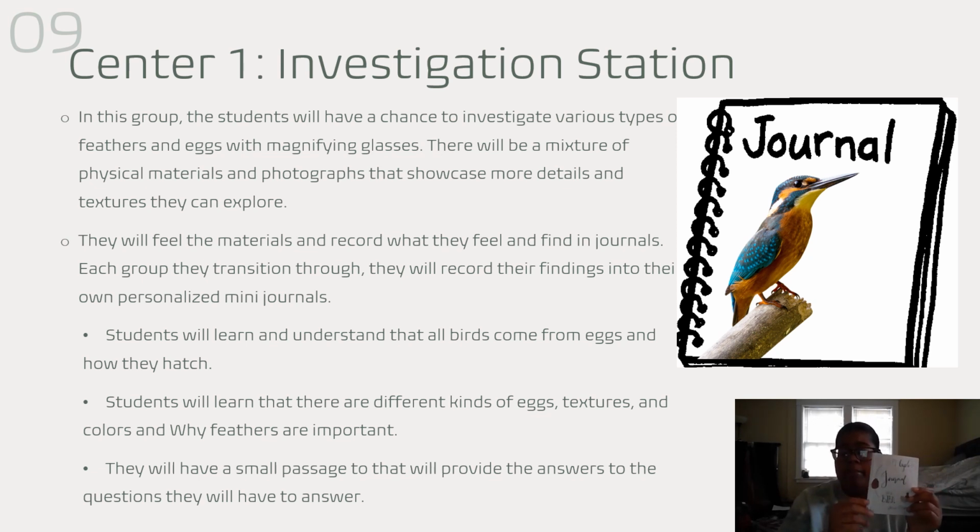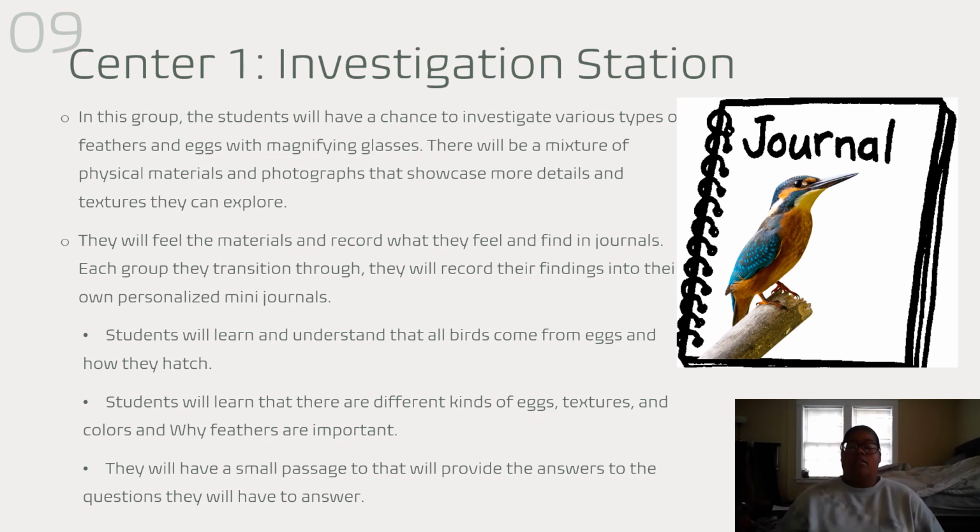You could use cardstock paper, and it's just the paper folded, and it has a space for their vocabulary word and a page for them to record things that they find interesting in their centers, answer questions, write out definitions, whatever it may be, and to cut and paste as well. Instead of having multiple different pieces of paper that they're going to have to keep up with throughout the week, I figured it would be easier for students to keep up with things if it's all in one little booklet, and it would be easier for them because at the end of the week, when the center's done, they'll be able to go back and see all of the work that they've done throughout the entire week that the center has run.